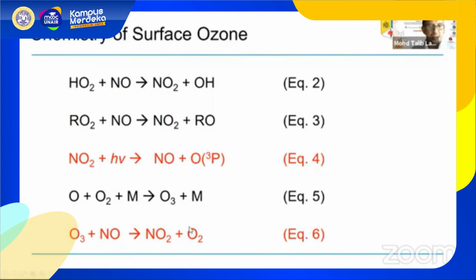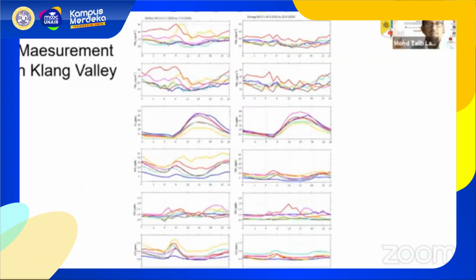This phenomenon actually led to a high amount of ozone, especially in the city center, because the low NO does not titrate the O3 in the city center. That's why in areas like Kuala Lumpur city center, Batu Muda station, and also Klang, which is a very busy area, the amount of ozone increased compared to other pollutants.